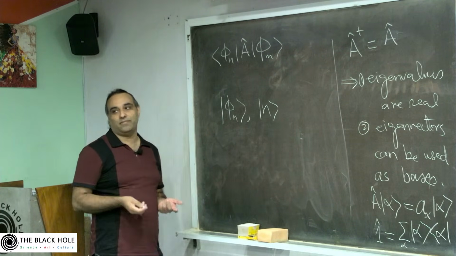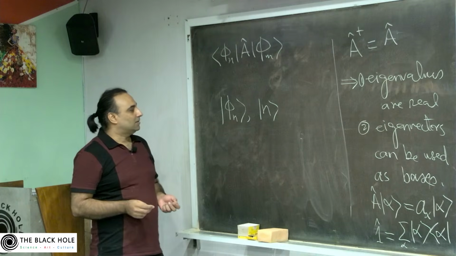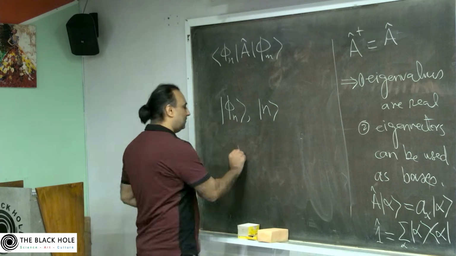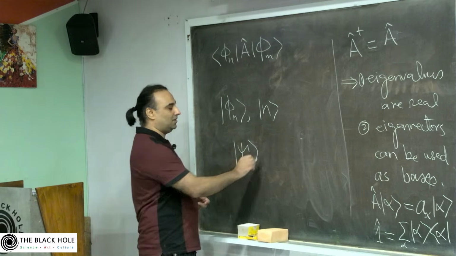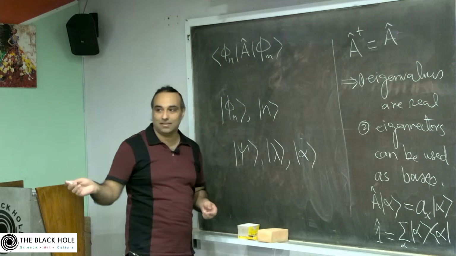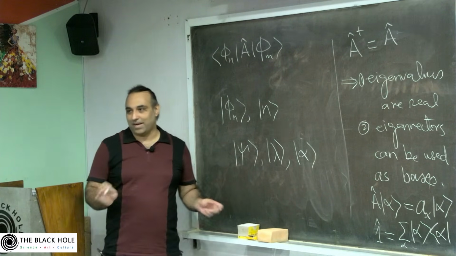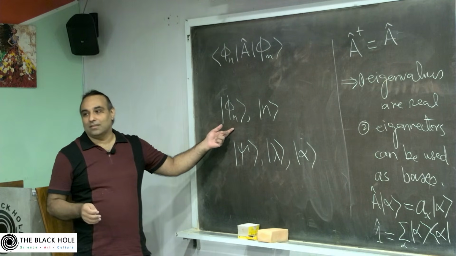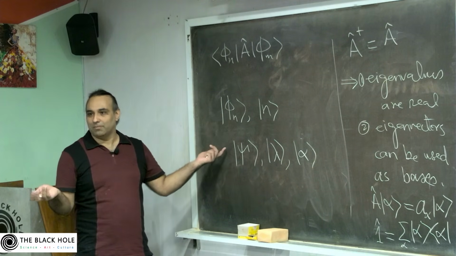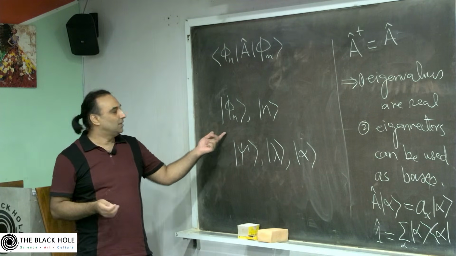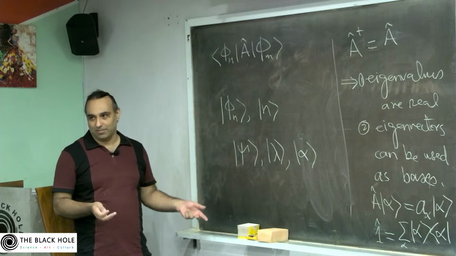It depends on convenience, and sometimes we may use psi, sometimes lambda, sometimes alpha, beta, gamma, delta. It doesn't matter. All that matters is that we choose some symbol to represent a certain object and consistently use the same symbol.